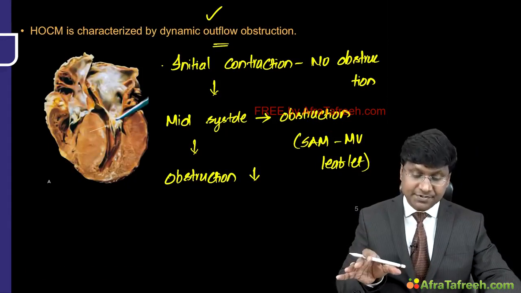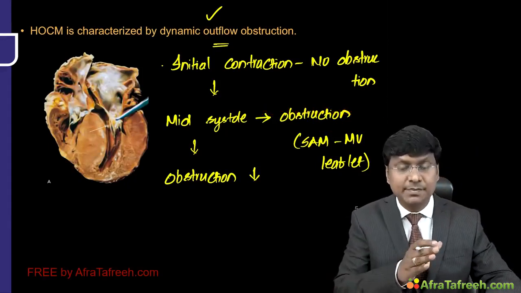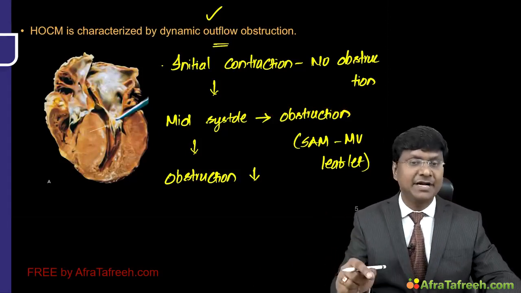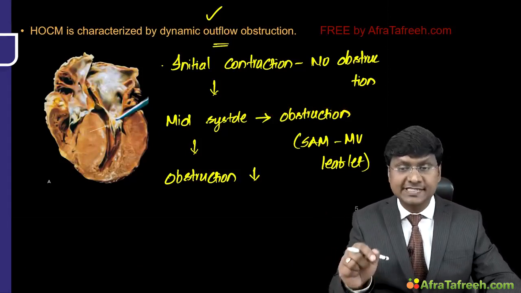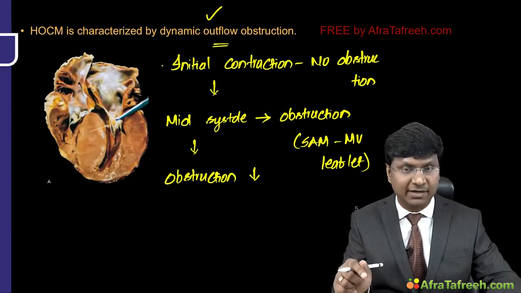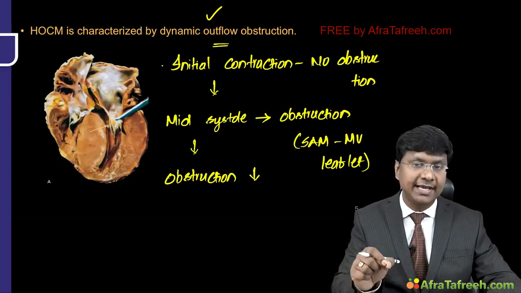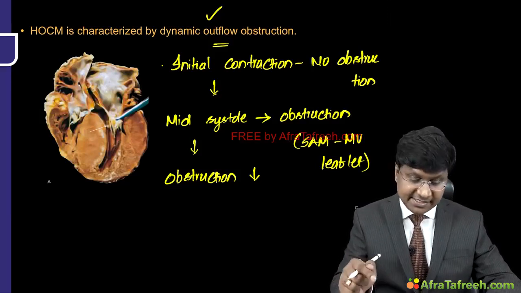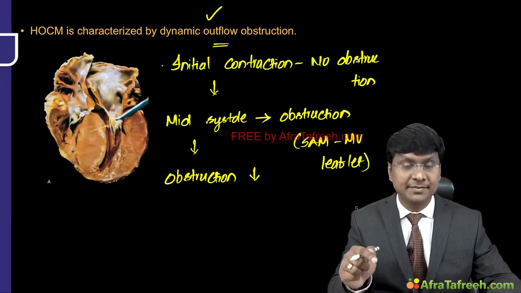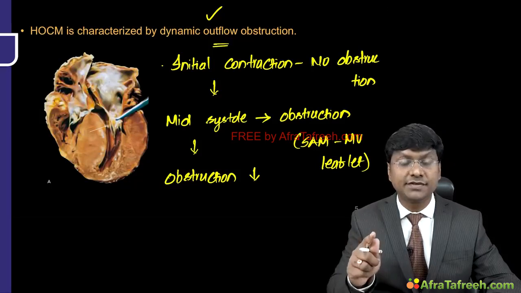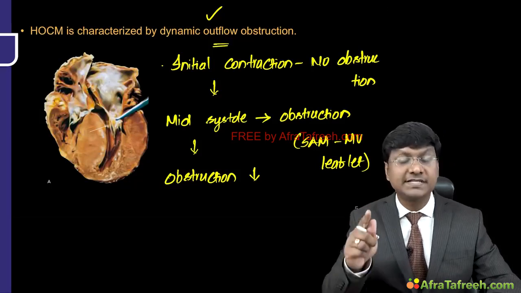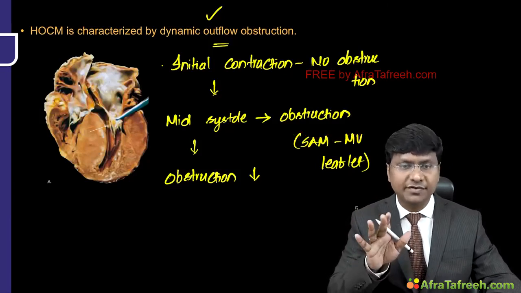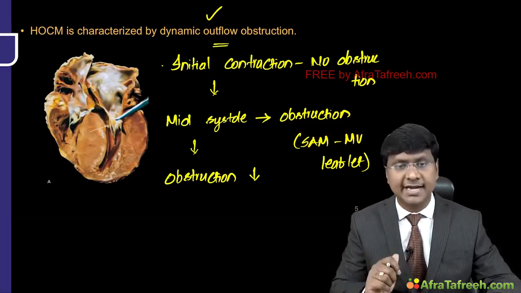So the obstruction is not present throughout left ventricular systole; it is present only in the mid part of systole, due to SAM. That is what is called dynamic outflow tract obstruction. And this hypertrophic obstructive cardiomyopathy, please remember, is one of the leading causes of sudden cardiac death in young individuals, and it is also a very important cause of heart failure.